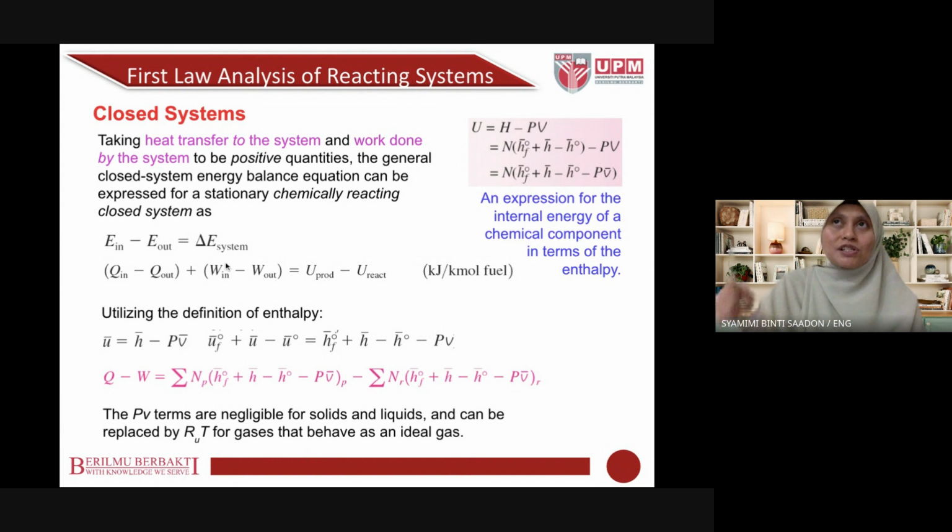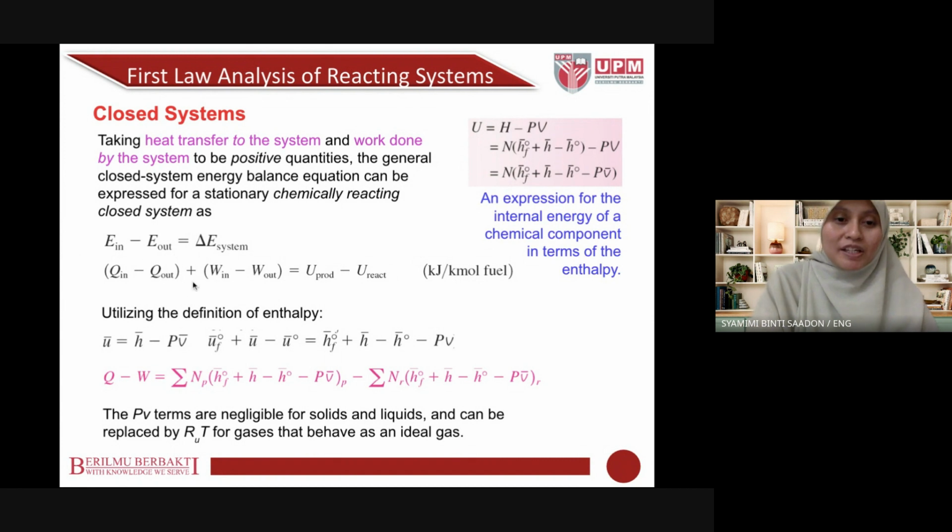So the change of energy within the combustion chamber is the total energy input minus the total energy out. In minus out. So that is the change of the energy of that device. That is the closed system that we consider.